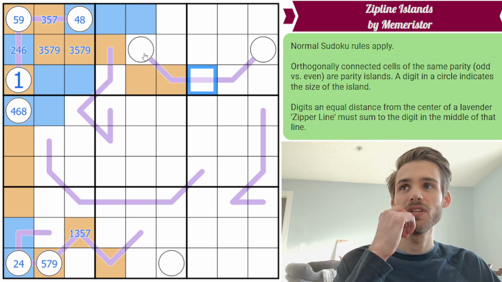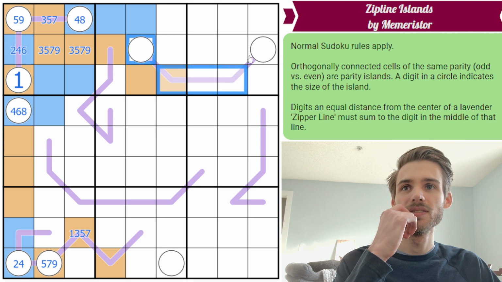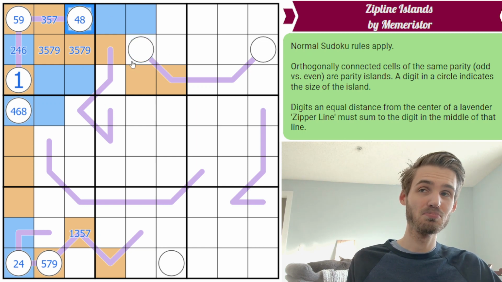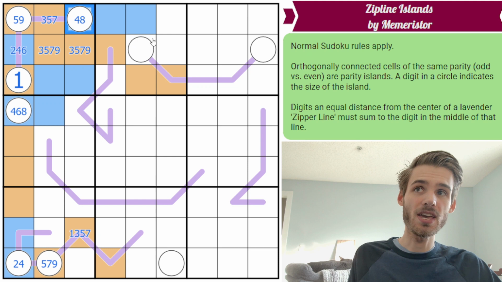So now we should consider this zipper, because the question now becomes, can this be even? Could it be 8? Because if we know it can't be 8, then this would have to go through there.